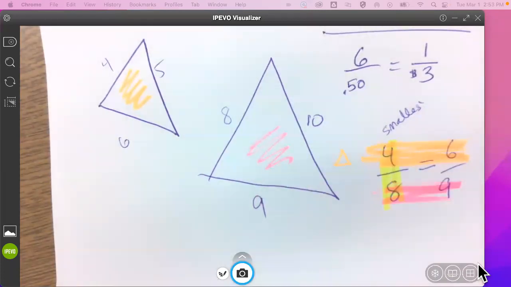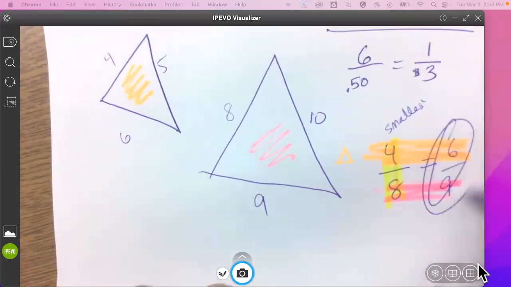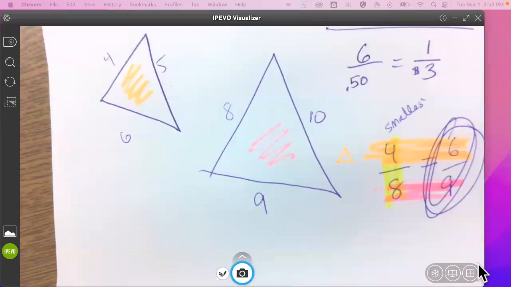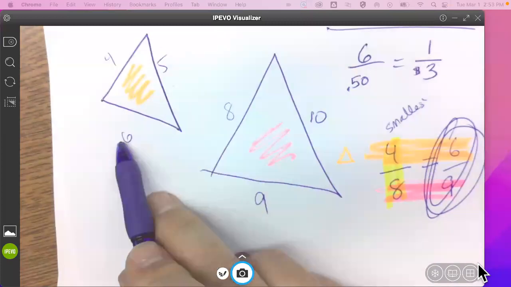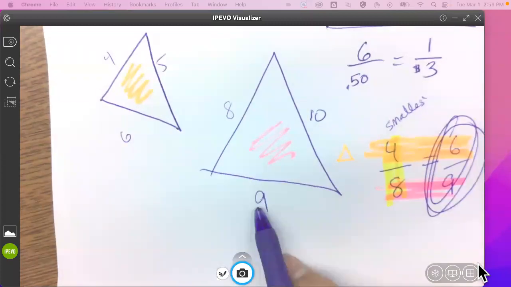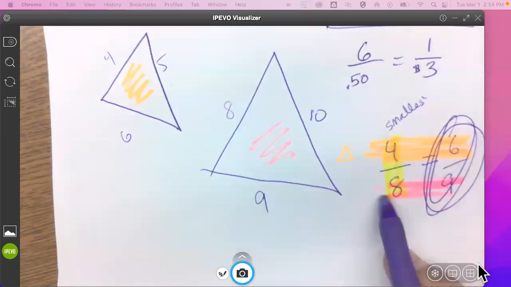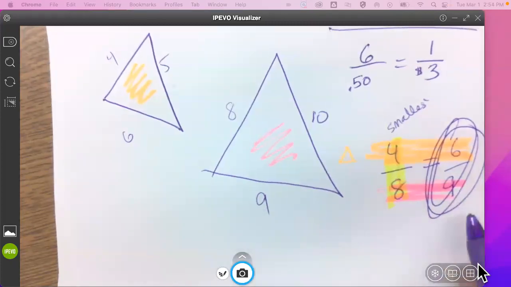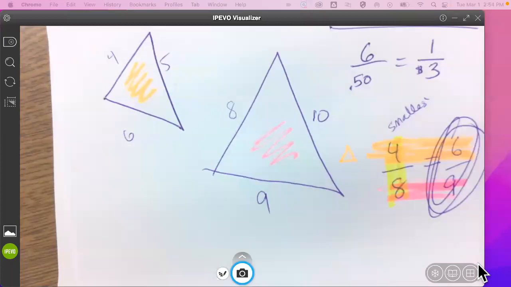They're the bigger triangle. What's true about 6 and 9? Nothing. This is a flawed proportion I've set up because 6 is the largest here and 9 is the middlest here. If the horizontals match and the verticals match, then you're good. In this case, my vertical doesn't match.